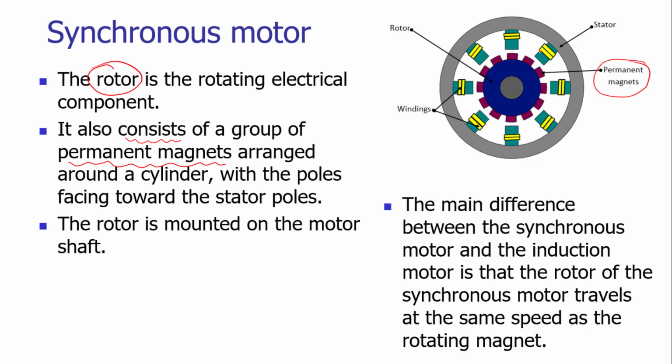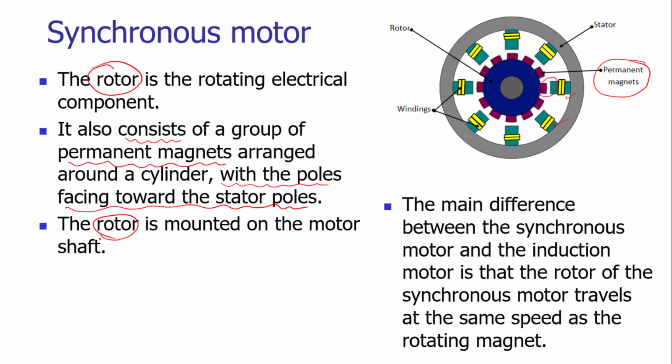These permanent magnets are arranged on its periphery, on the outer surface, in such a way that their poles are facing the poles of the stator coils. The rotor is mounted on the motor shaft, and the motor shaft is housed in bearings.